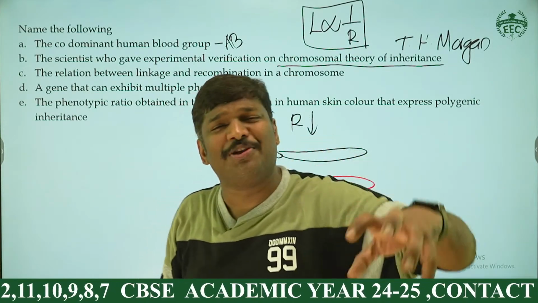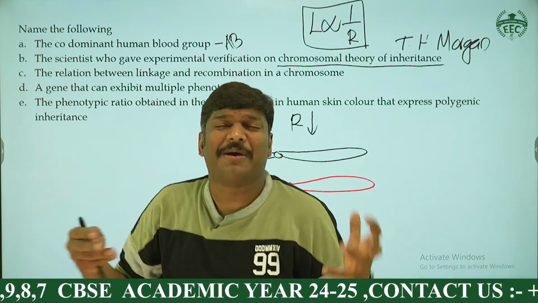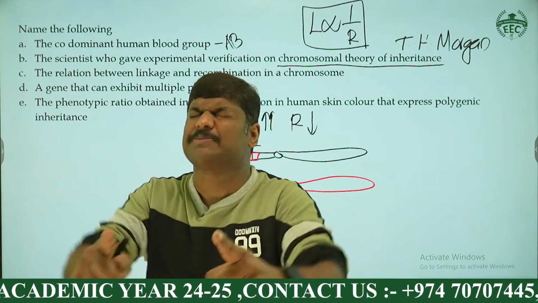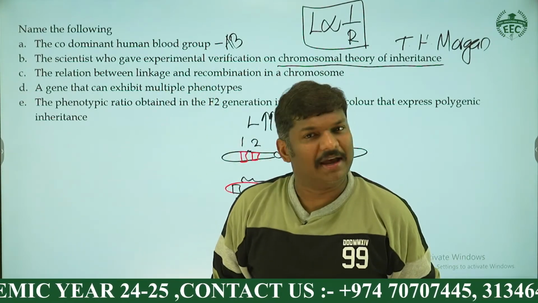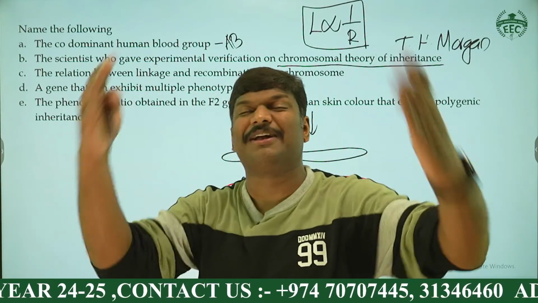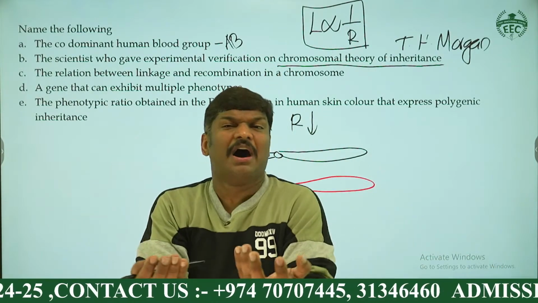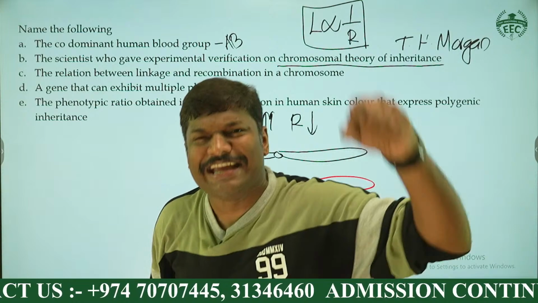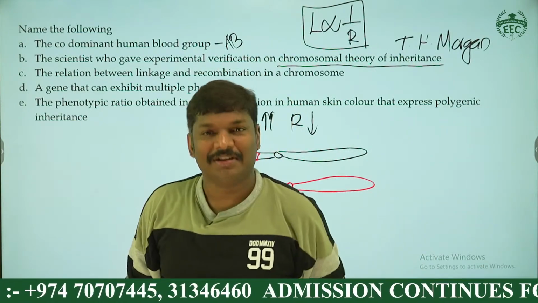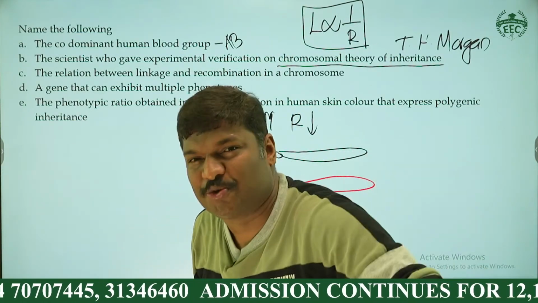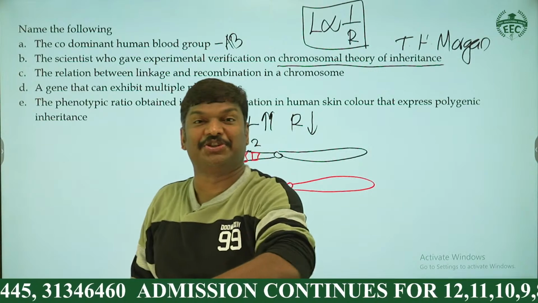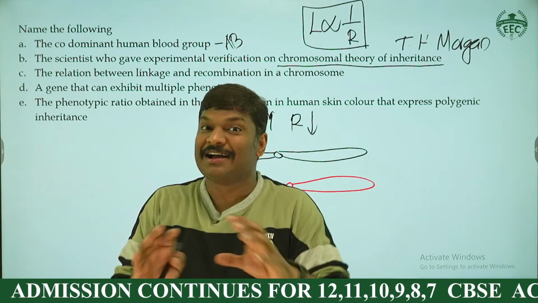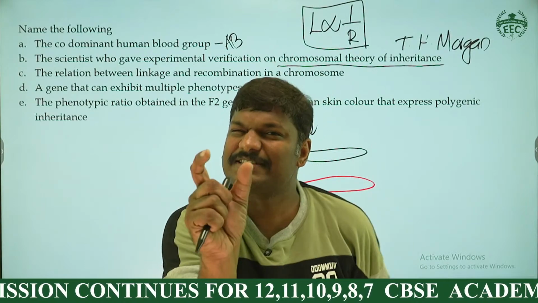Thomas Hunt Morgan introduced the concept of linkage and recombination, but unfortunately the teacher could not give a proper explanation about the distance between two genes. One of his students, inspired and motivated by the teacher, developed the concept of the distance between two genes.